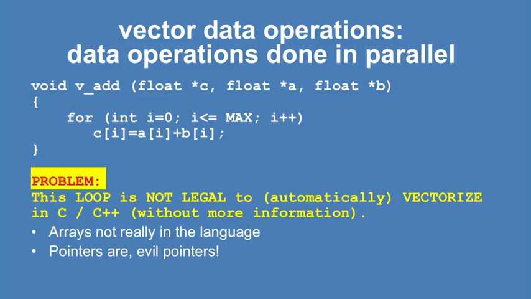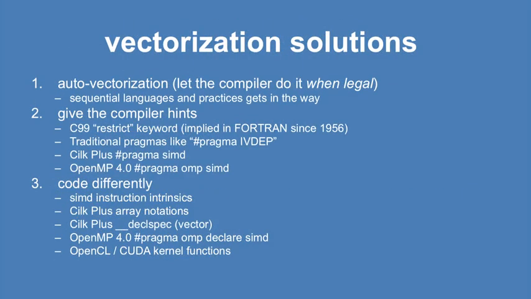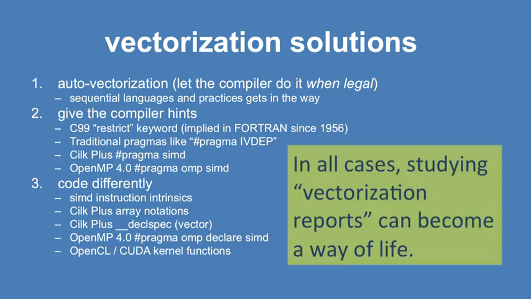You probably really didn't mean that. You said, oh, add this vector to that vector. But the compiler knows you could alias those parameters, and so it won't produce a vector version of this unless you help it. This is just an artifact that this language wasn't designed for parallelism. So there's a lot of different things we can do. We can hope that the compiler magically auto-vectorizes, or we can give it hints, or we could code differently.